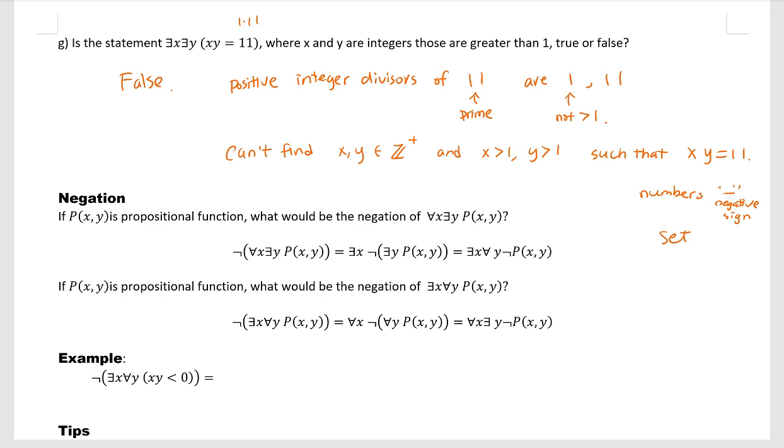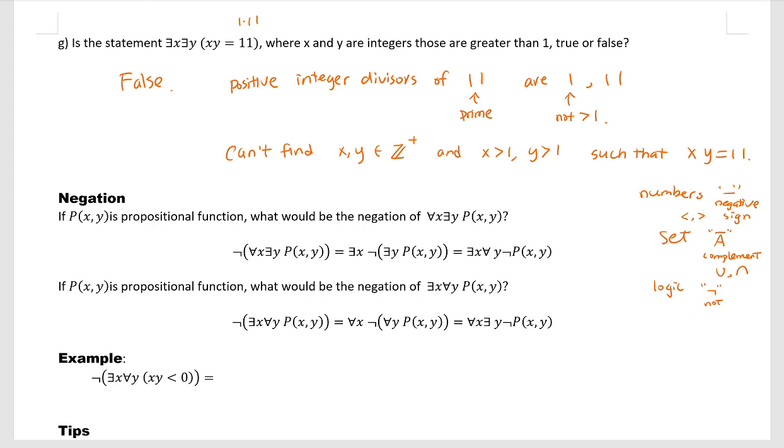For sets, we have the complement, which flips union and intersection. And for logical operations and propositional functions, we have the not.